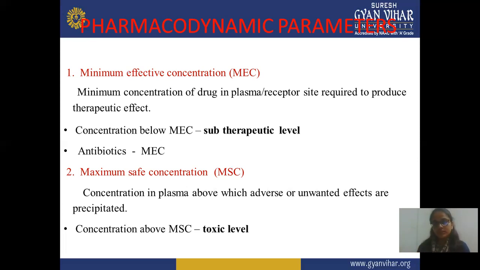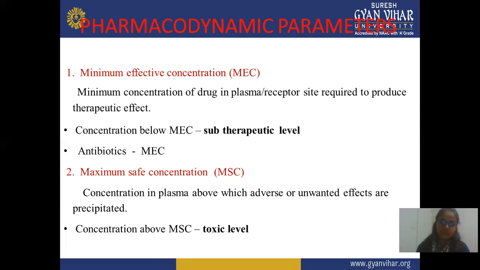So these are the three levels. The maximum safe concentration is the concentration in plasma above which adverse or unwanted effects are precipitated. This is the last safe level, in which an almost complete therapeutic effect is observed.